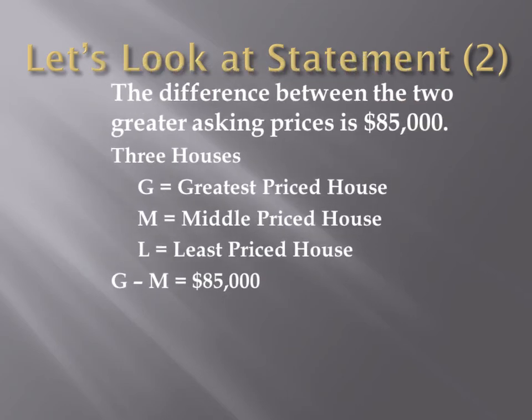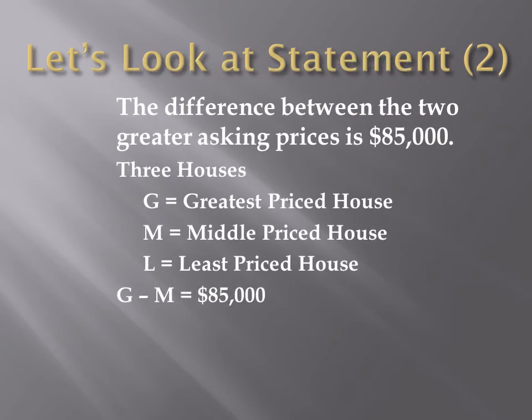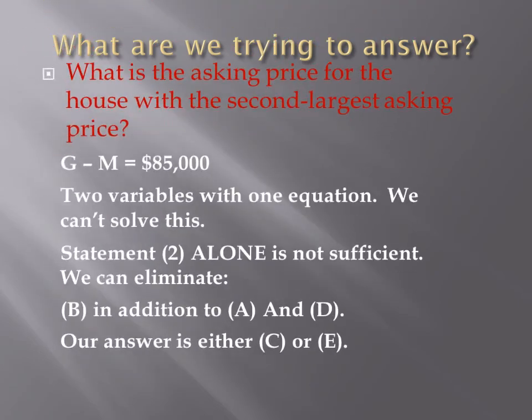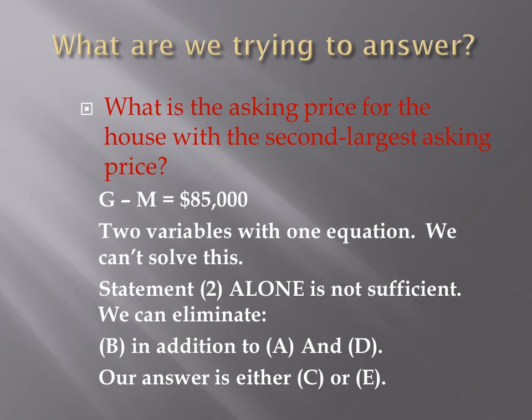Now let's look at statement number 2. The difference between the 2 greater asking prices is $85,000. I still have my same variables for my 3 houses. I can now get the equation G minus M equals $85,000. Again, what are we trying to answer?